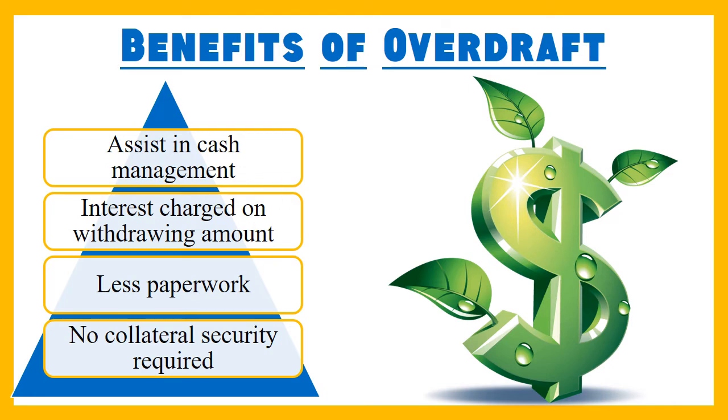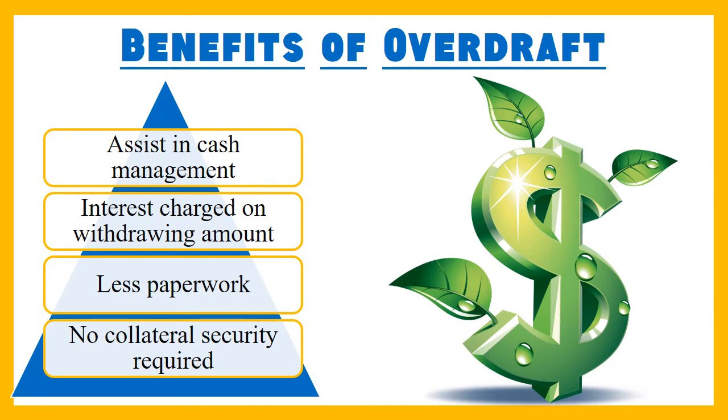Overdraft helps the individuals or the business houses in cash management. It helps the business to maintain a balance between the cash inflows and the cash outflows. Sometimes there is an urgent need of cash which can be met by using overdraft.